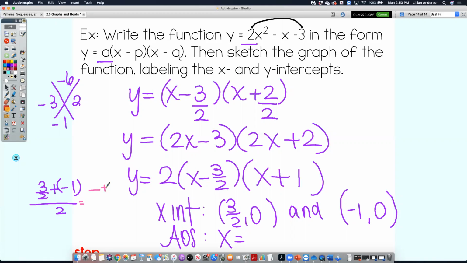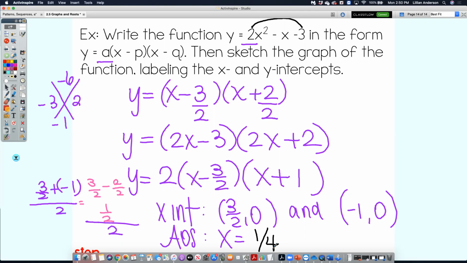Which would be what? 2 over 2. So this becomes 3 over 2 minus 2 over 2, which is what? 1 over 2. So this becomes 1/2 divided by 2. What's 1/2 divided by 2? 1/4. So my axis of symmetry is x equals 1/4.